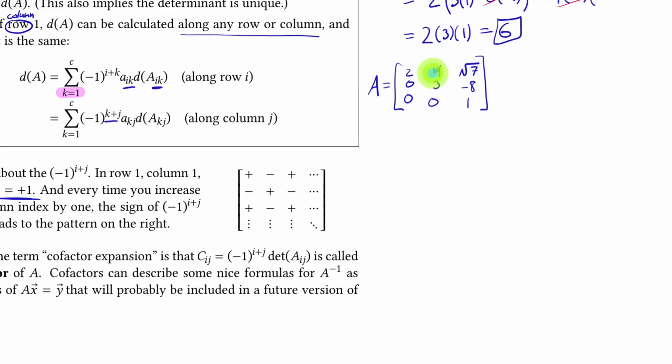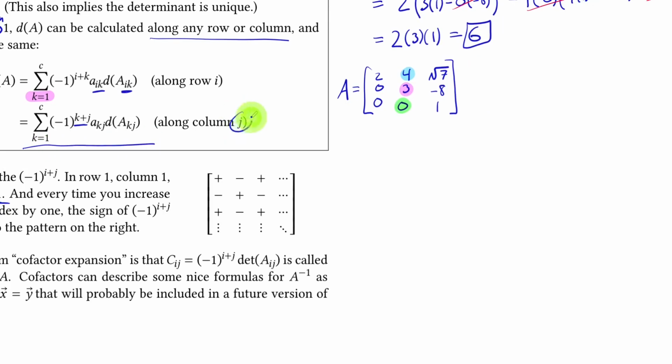Okay, so here is column 2, and we're using this formula. It's just that wherever we see a J, that's going to be 2. Starting with K equals 1.